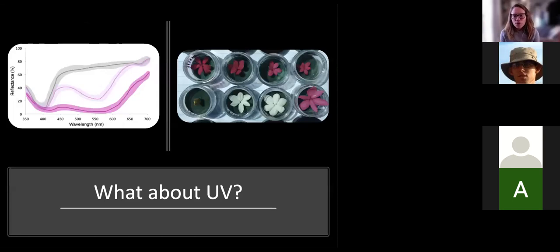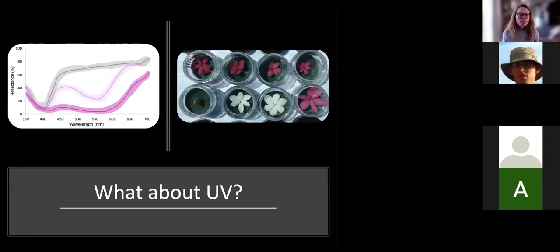The other thing that we were thinking about is UV. So we measured UV on pink and white flowers just to make sure. Other pollination biologists know that pollinators view flowers differently than we do. So we thought maybe there's something that we aren't seeing, particularly with UV reflectance.